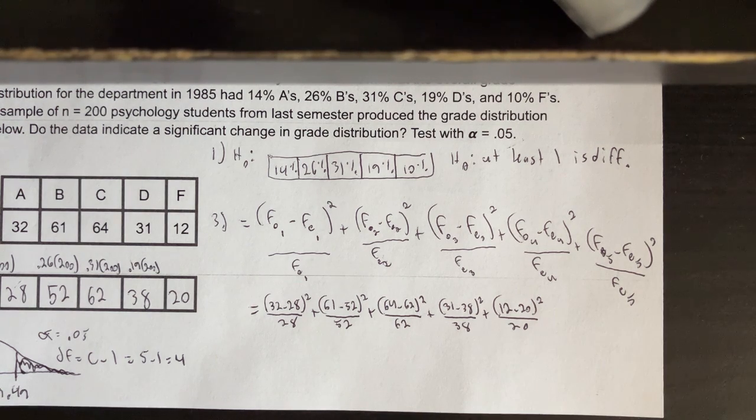I like using the Desmos calculator for these kinds of problems, because I can see all the compartments, and I can separate different chunks of the terms. 64 minus 62, 62 over 62. And you have 31 minus 38, 38 over 38.